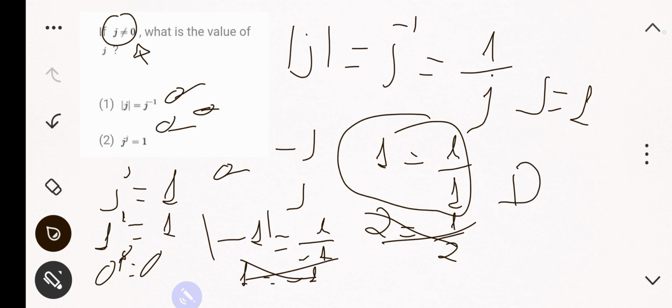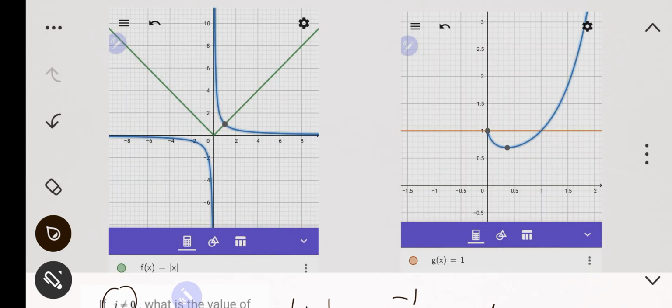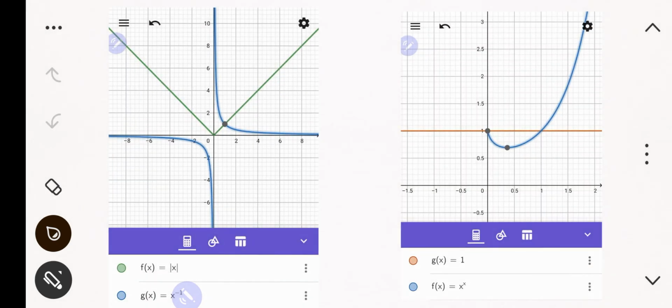I want to show you that I just put these expressions in an app that draws a chart, you know, to help us understand.